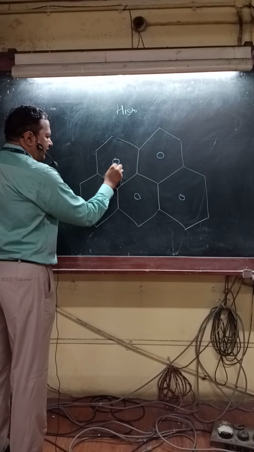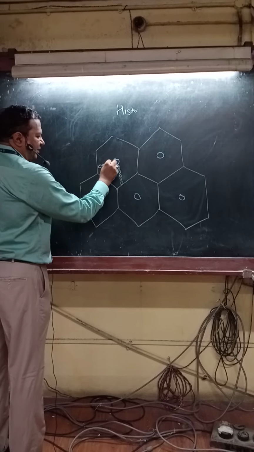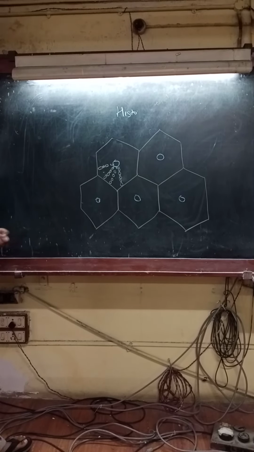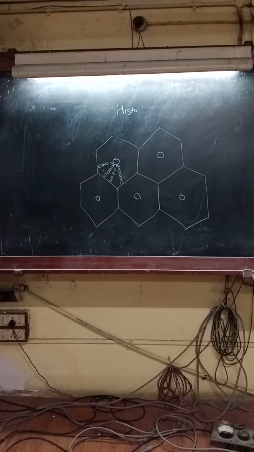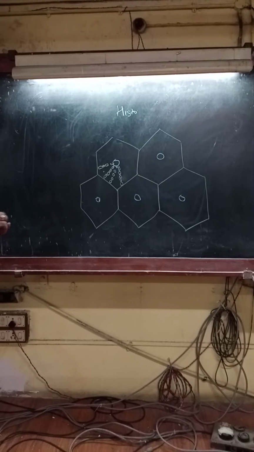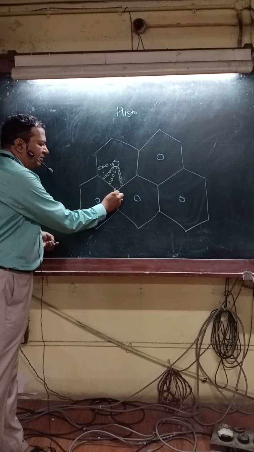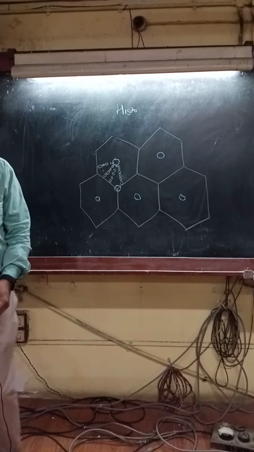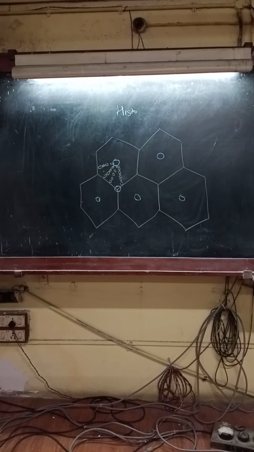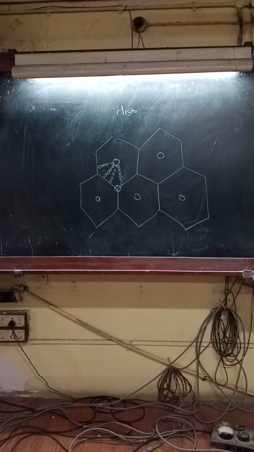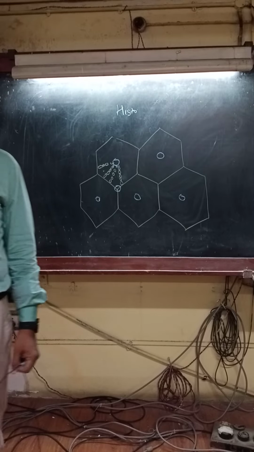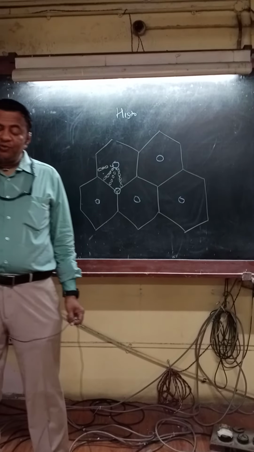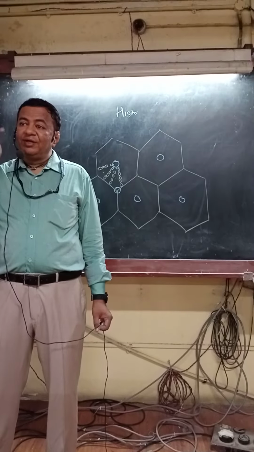In these hexagonal structures, there are hepatocytes running like this. What is there in between the lines of hepatocytes? Sinusoids. At the corner of each hexagon there are a branch of the hepatic vein, a branch of the portal vein, and the hepatic artery.